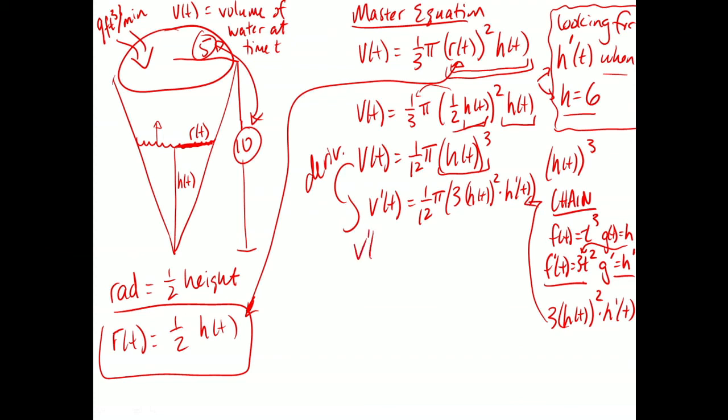Okay, and let me do one algebra simplify here. I've got a 3 and a 12, which I should be able to cancel and make it 1/4, right? 3 on the top and 12 on the bottom is really 1/4 pi now. And what am I left with? H squared times h prime.